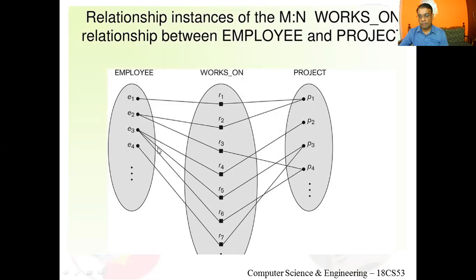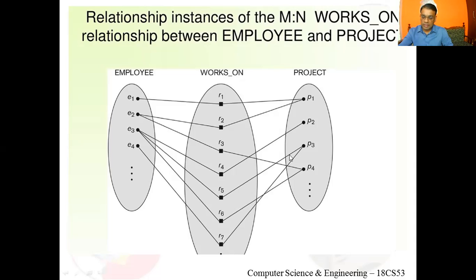That means many employees work on one project and one employee works on many projects. So this is called the M:n cardinality ratio. M employees work for one project and n projects for one employee. So this is called the M:n cardinality ratio.